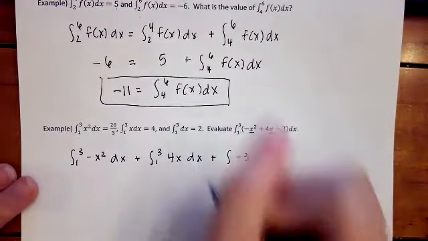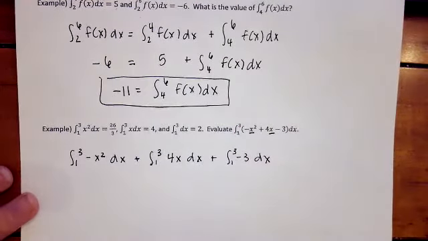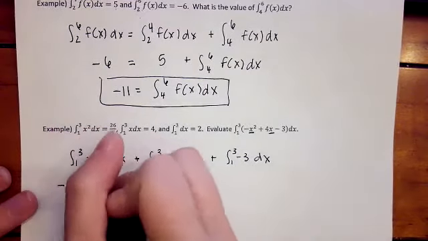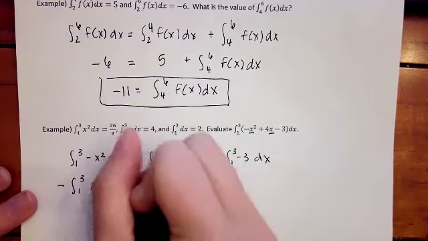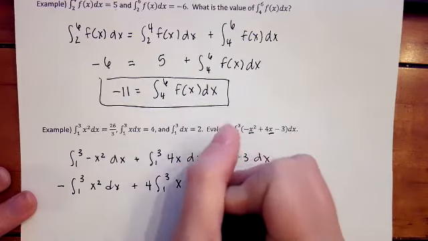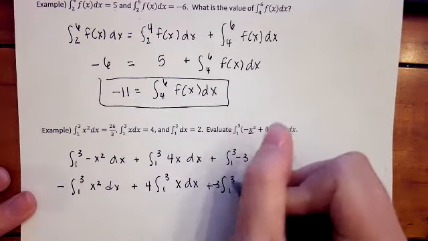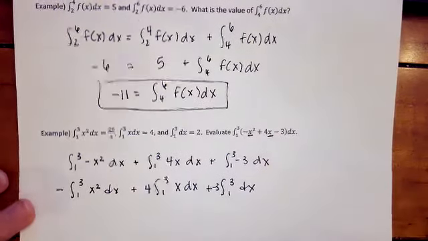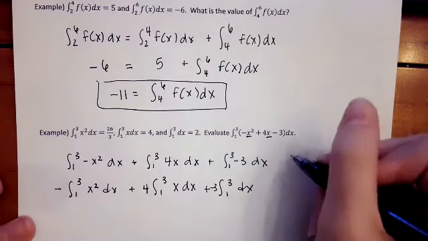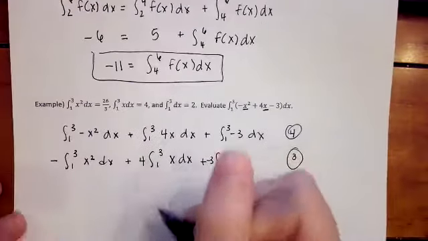And then I can move any constants outside the integral. Okay, so this uses properties 3 and 4. So property 4 in this step and property 3 in this step.